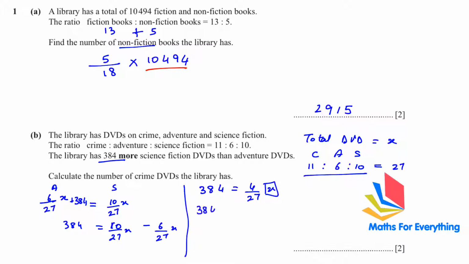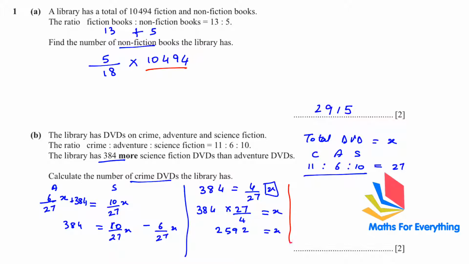So 384, when I move the 4/27 to the other side, we have to write the reciprocal. The number in the denominator we write in the numerator, and the numerator is written in the denominator. Equals X. So the total number of DVDs are 2,592.